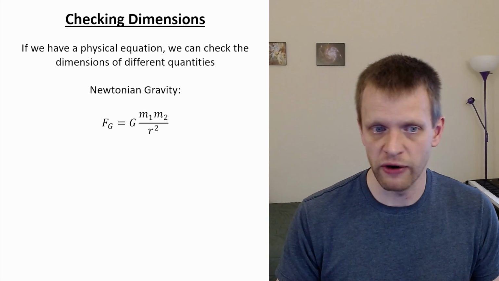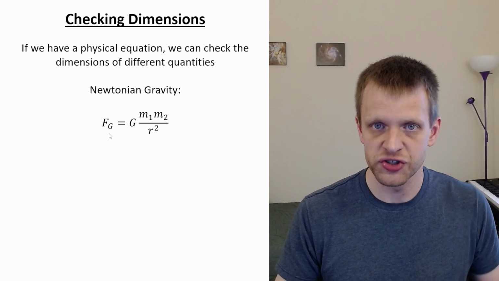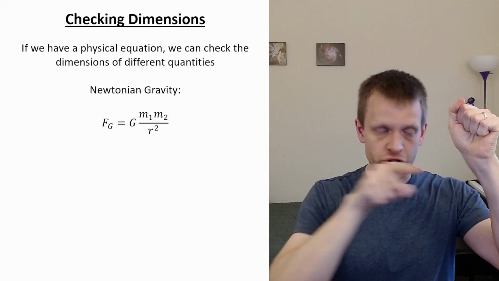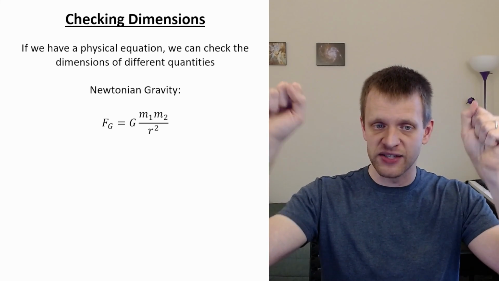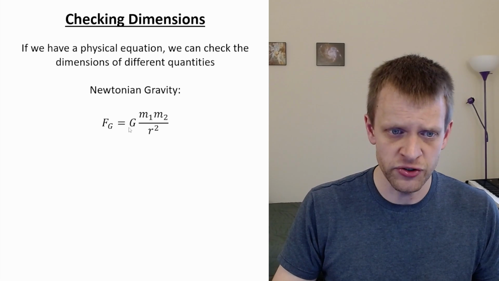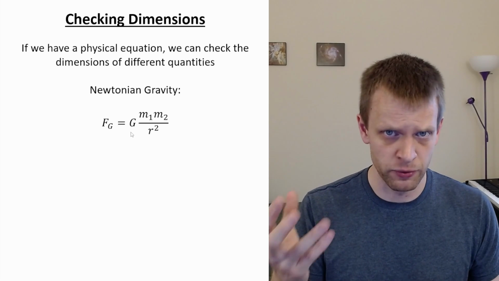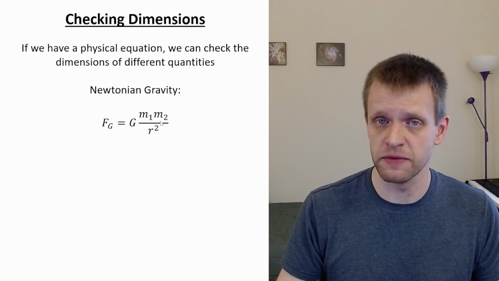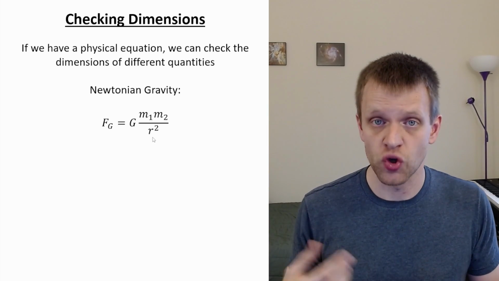So for Newtonian gravity, Newton's model of gravity is that the gravitational force, if I have two masses, mass 1 and mass 2, that are a certain distance r away from each other, so the centers of these spherical masses are a distance r away from each other, that gravitational force should be equal to Newton's gravitational constant, this capital G value, it's just a constant value, times the product of the masses divided by the distance between those masses squared.